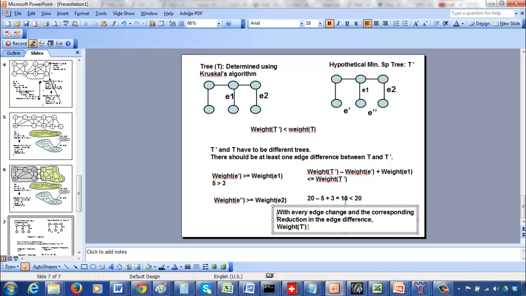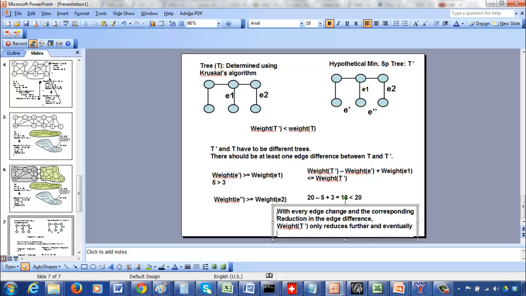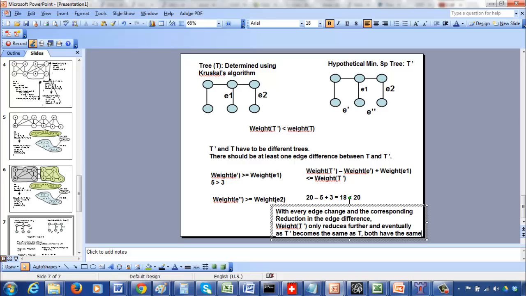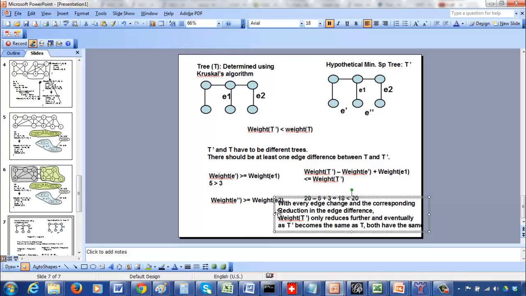The weight of T prime only reduces further, and eventually T prime becomes the same as T, and both will have the same edge weight.